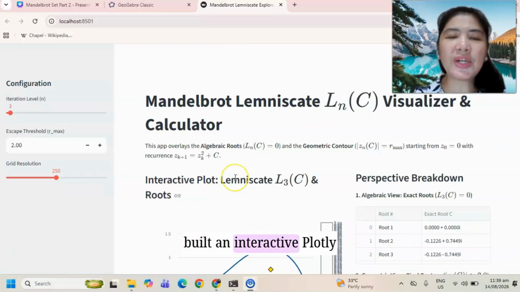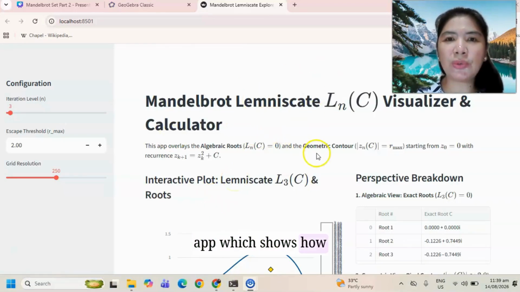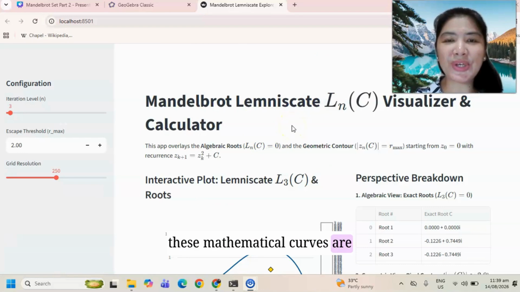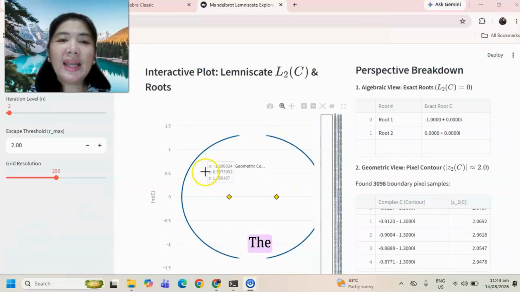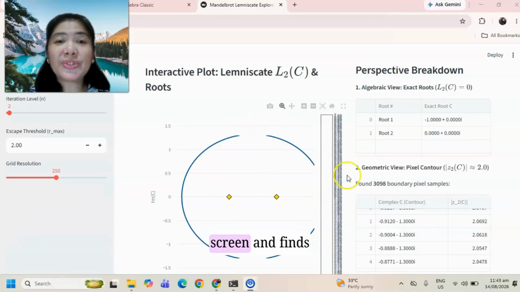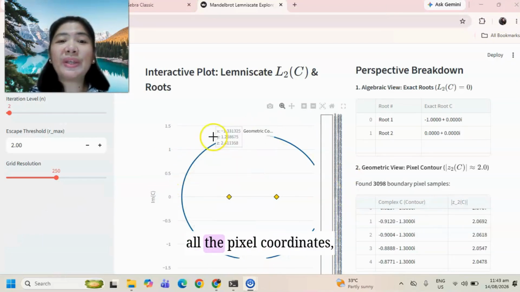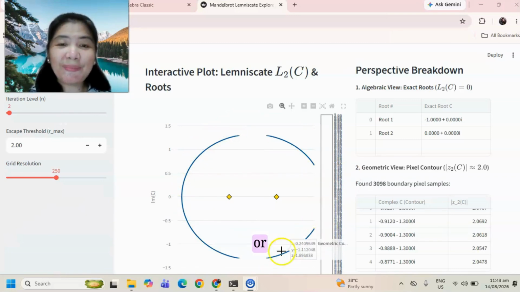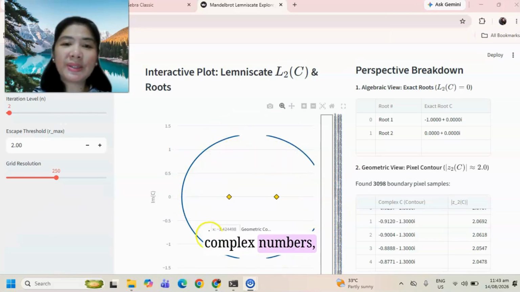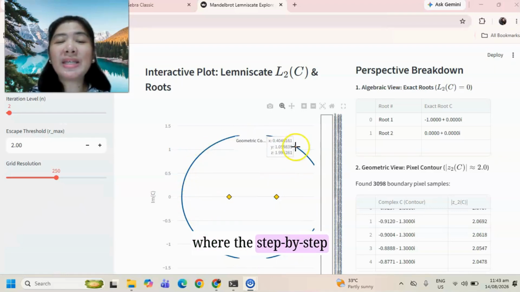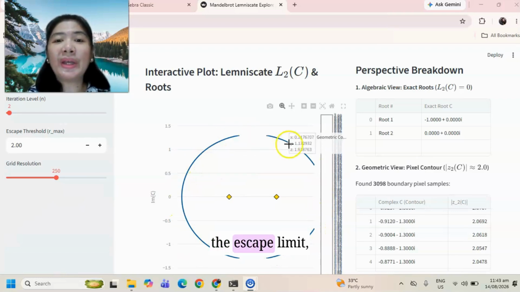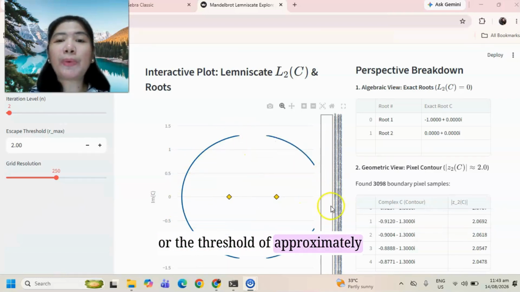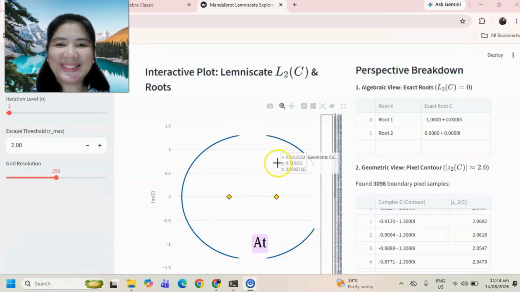We built an interactive Plotly app which shows how these mathematical curves are drawn on the computer screen. The app scans the screen and finds all the pixel coordinates, or complex numbers, where the step-by-step loop hits the escape limit, the threshold of approximately equal to 2.